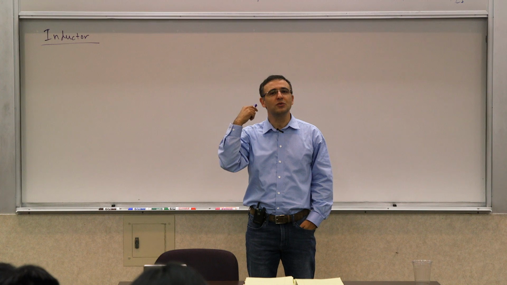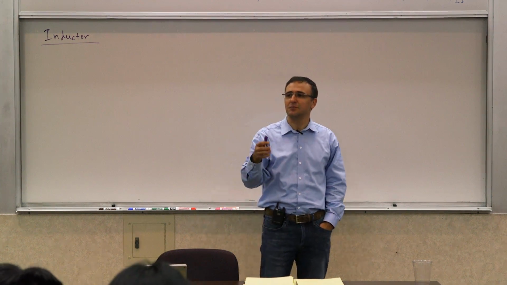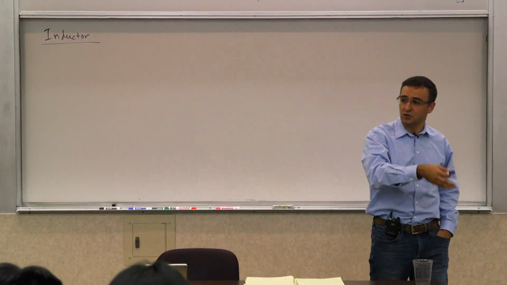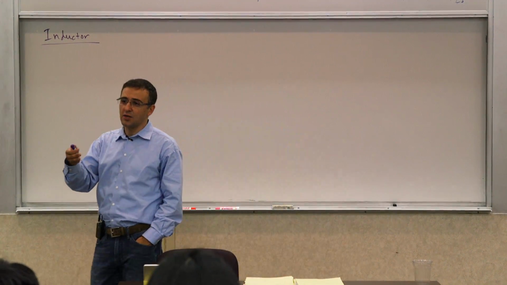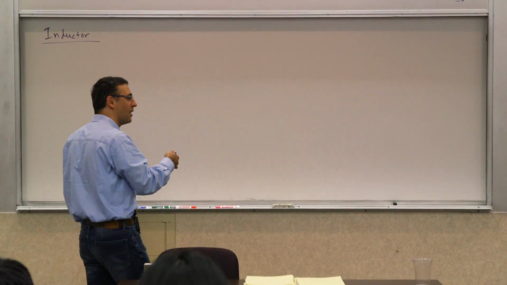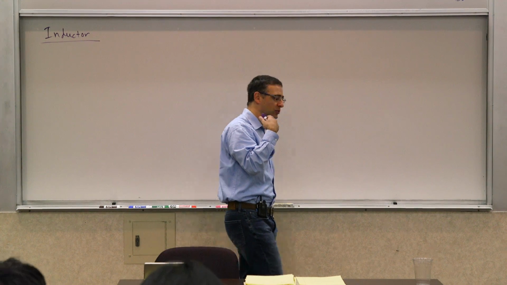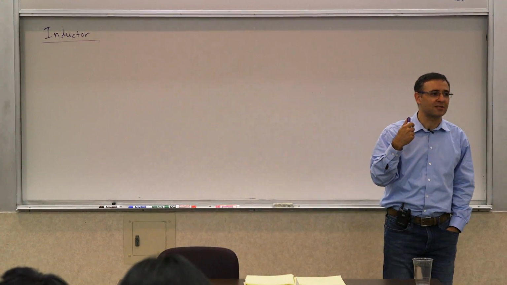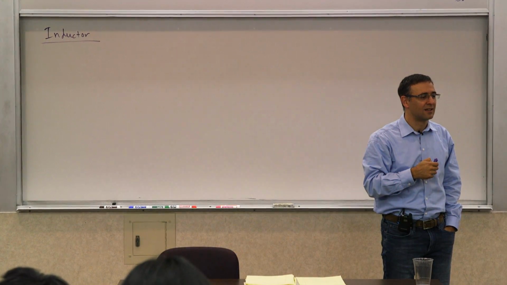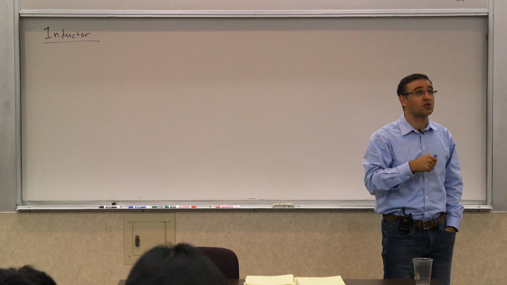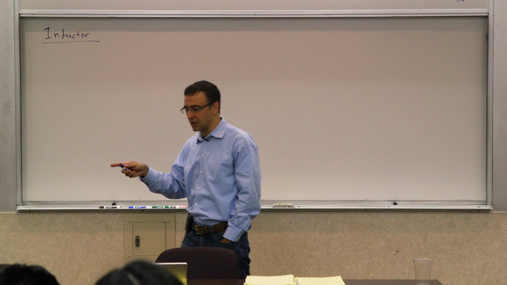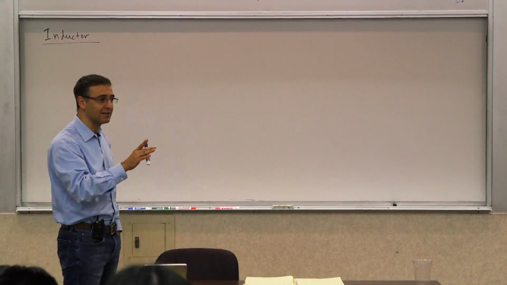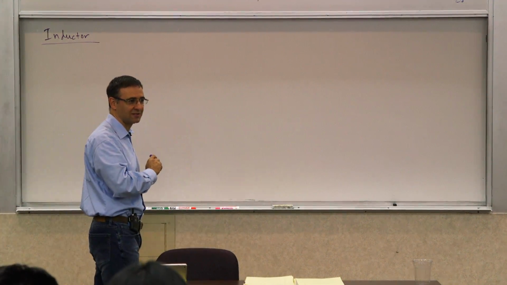If you wanted to use these two analogies of resistor being a component whose current is a function of its voltage in general, and a capacitor is a component whose charge is a function of its voltage, what do you think an inductor would be? Think about it for a second. And yes? Something whose voltage depends on the change of current, which is correct, but it's not the most general definition.